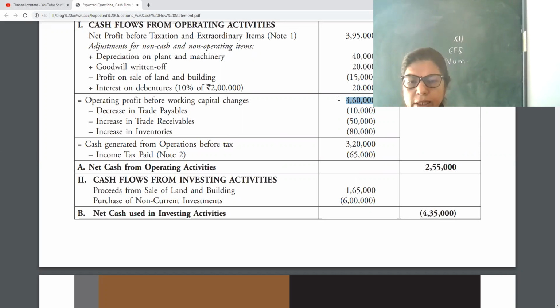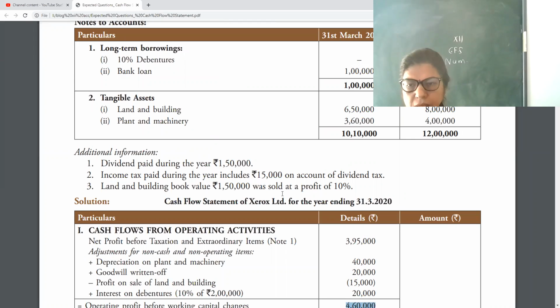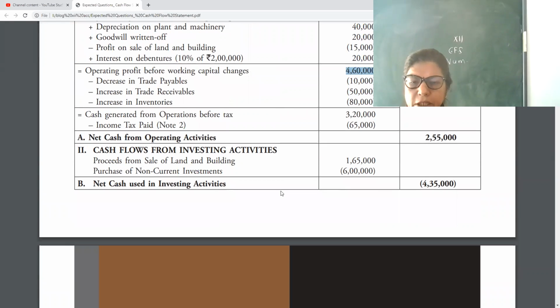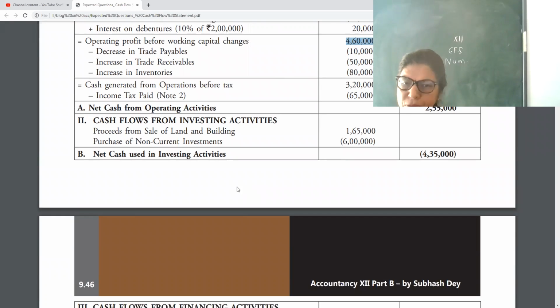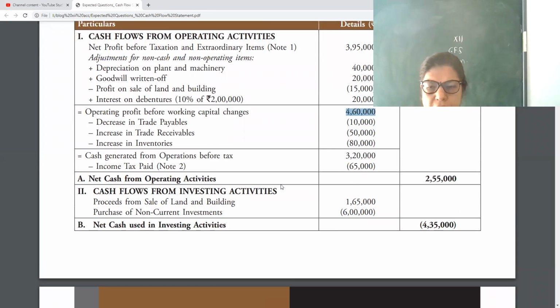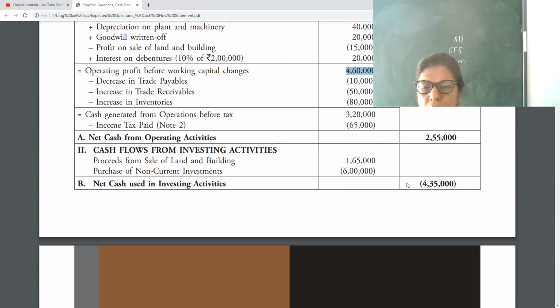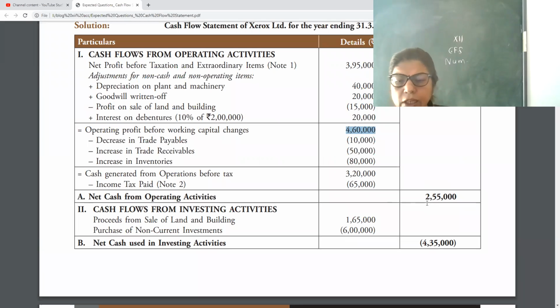How? See, 4,60,000 minus 140. So the result is 320. Now income tax paid. How do you calculate income tax paid? Because adjustment is given, we have to prepare provision for tax account. So the net result, see this final column will show your net result, that is 2,55,000.